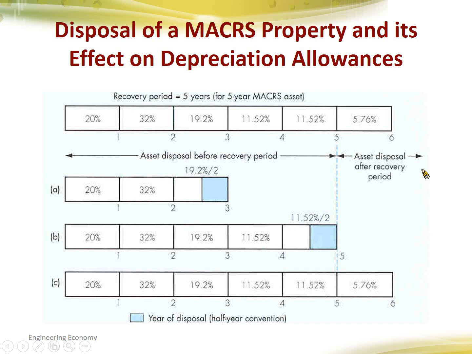So we can only depreciate 20% in the first year, 32% in the second year, and 9.6% for the third year. Okay, and if the project ended at the end of the 5th year, we do the same thing. For the last year, which was supposed to be 11.52%, we can only take half of it.